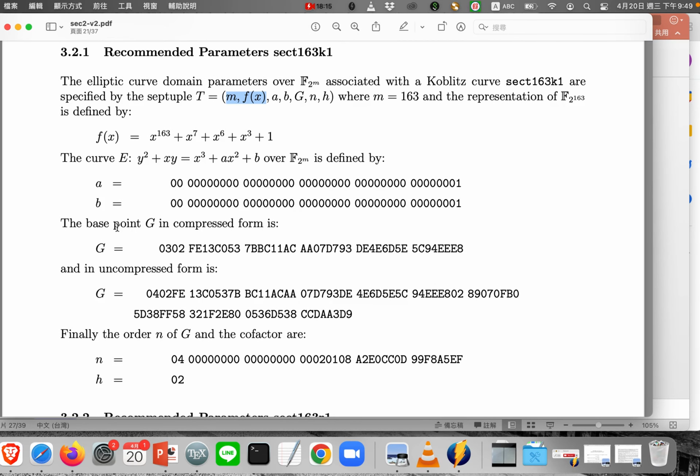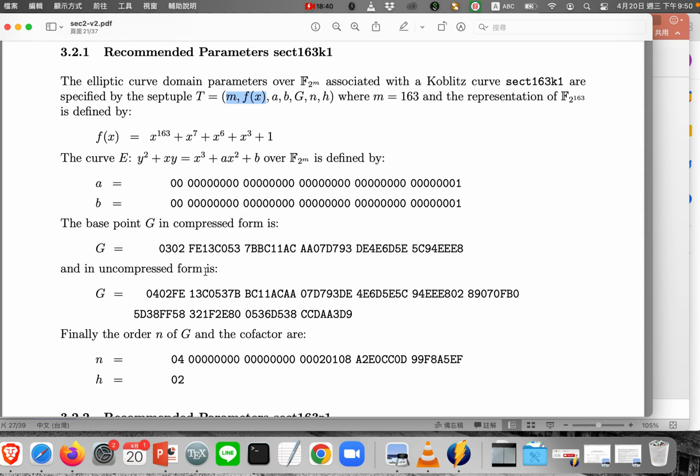These a and b are elements over the finite field using hex representation. If you remember, these a and b are actually not numbers. They are polynomials, polynomials mod the irreducible polynomial.